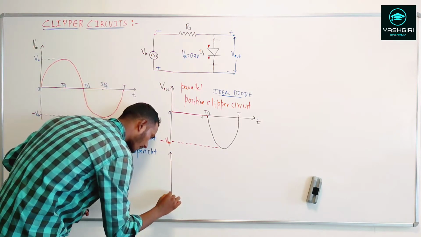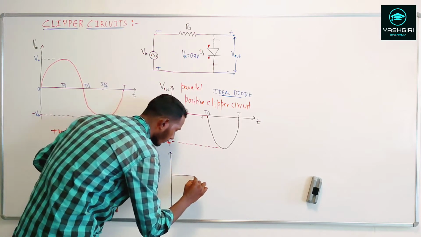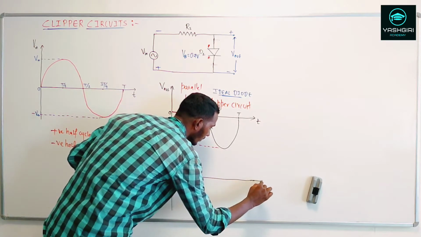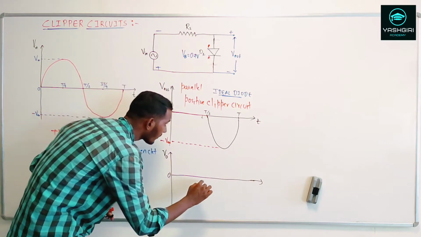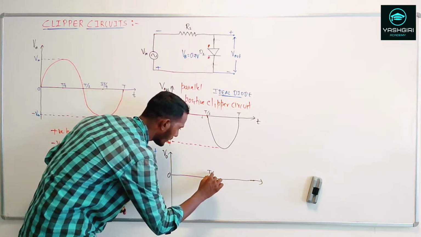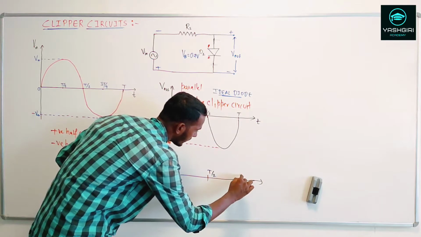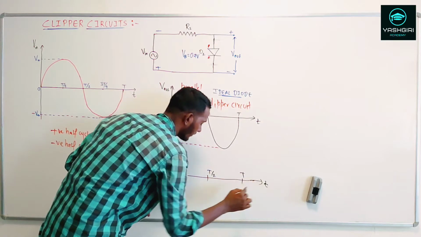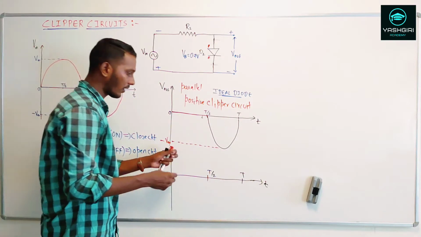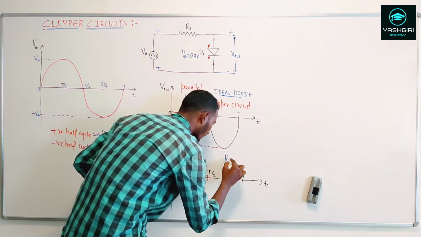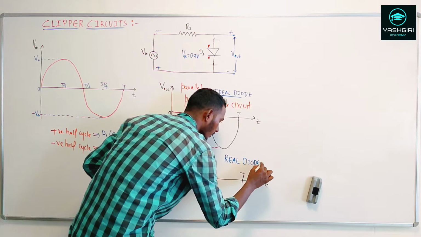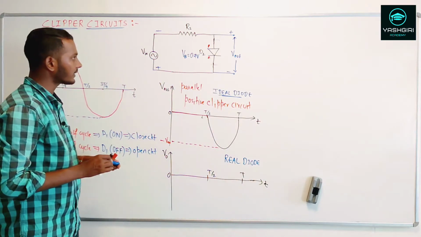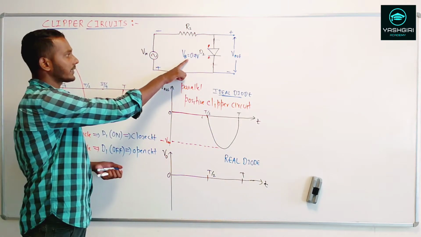So here I'm having my V out. So this is my V out 0. Again, this is at T by 2, and let this be the T, and this is the small t. Now I'm focusing on the real diode. So in that case, what you will find is that the barrier potential is 0.7 volt.